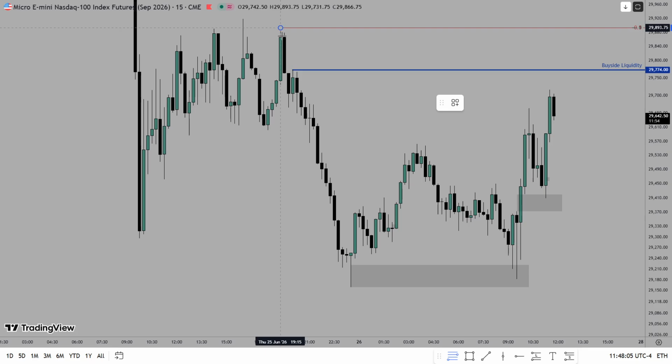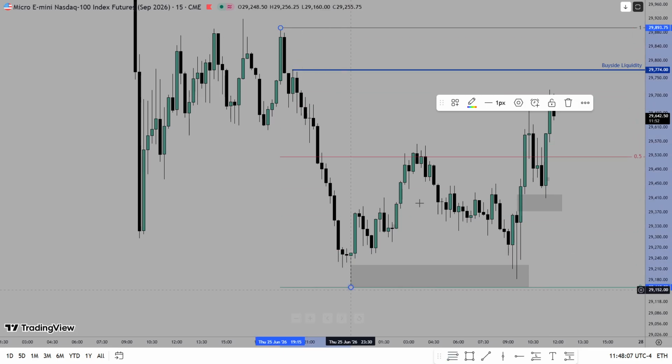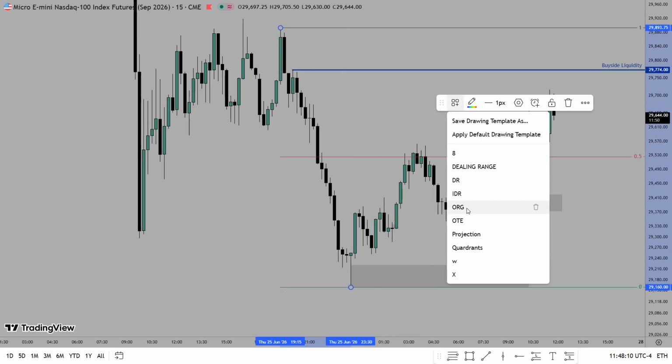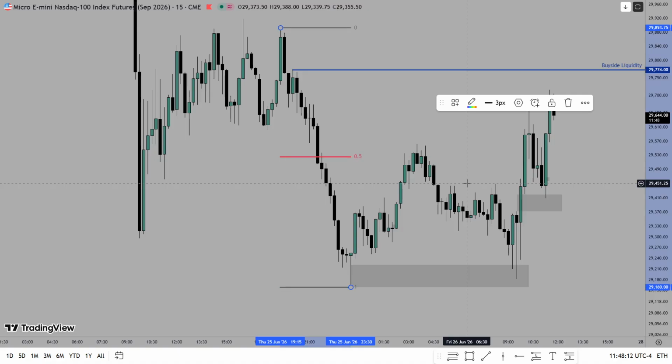Let me mark it. This is the dealing range, and price traded to the premium FVG, sell side imbalance, buy side inefficiency, respected it, and then moved to the downside.